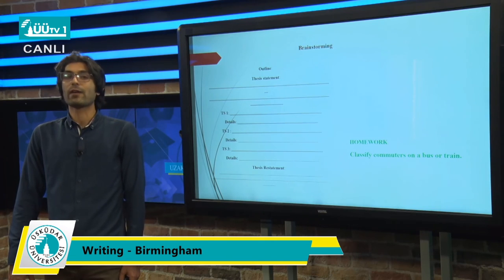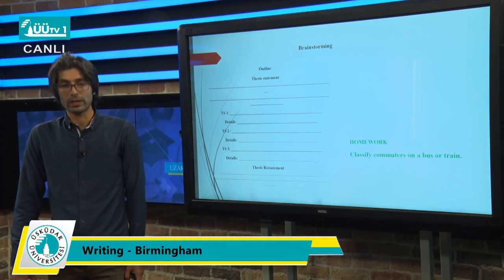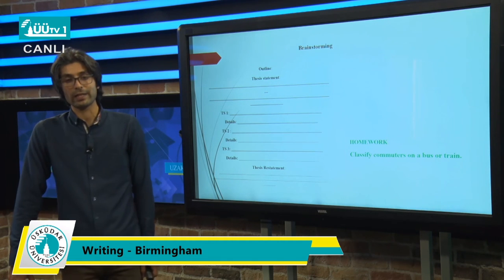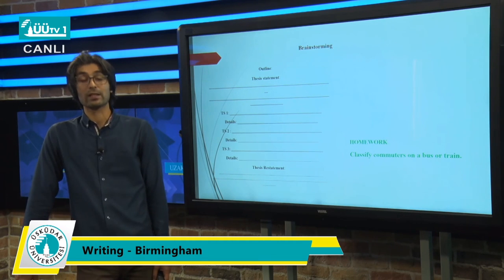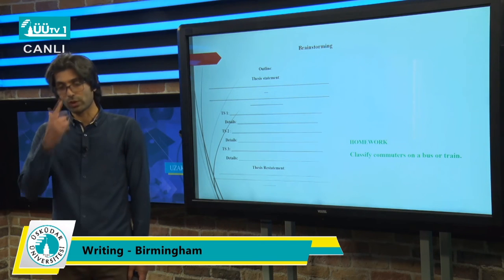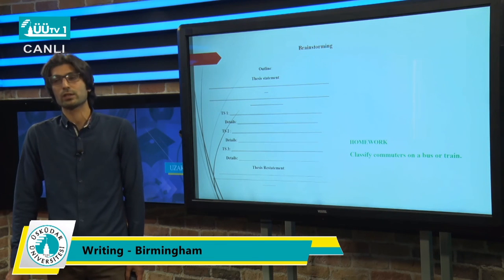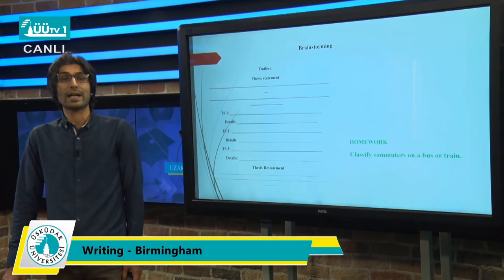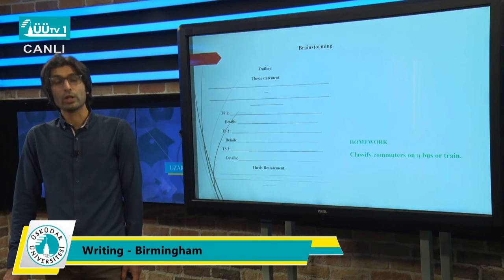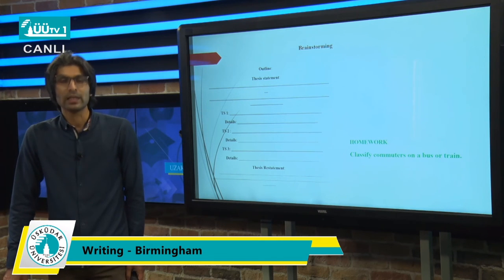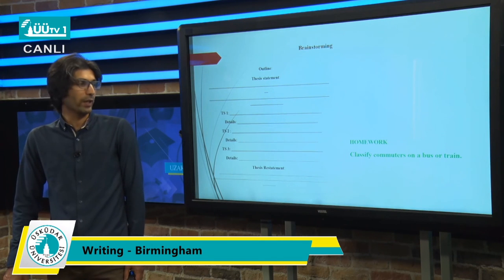Then you should have your topic sentence number one, then talk about details. Then topic sentence number two and details, then topic sentence number three and details, and then you can have the conclusion. You should do the outlining, and you should write the essay. Again, I insist, this is your homework: classify commuters on a bus or train.